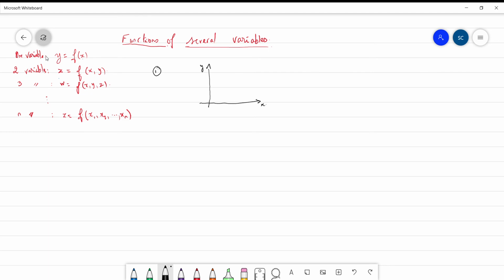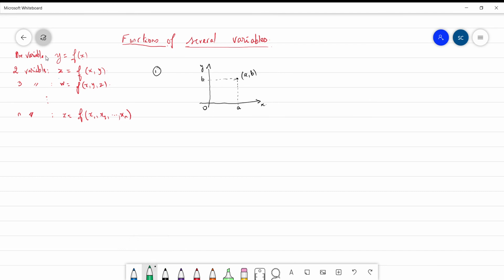We can locate a point (a, b) by reading its projection over the x-axis, which gives a, and its projection on the y-axis, which gives b.